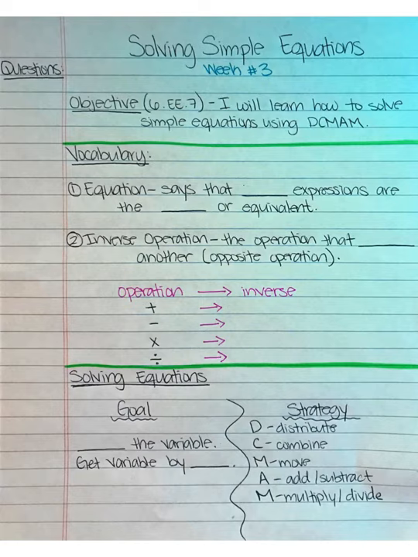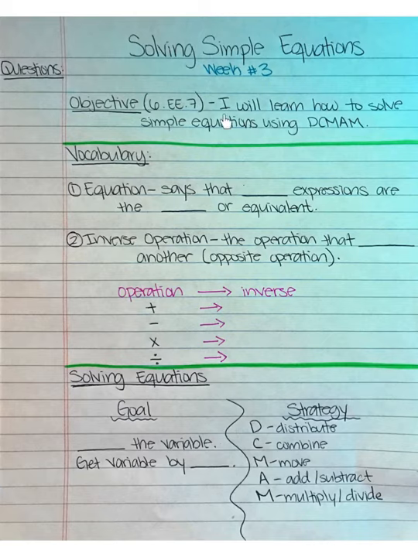So again, like I said, we're working on solving simple equations, and this is week 3. Our objective, what we want to be able to get done by the end of this lesson, is a 6th grade standard, 6.EE.7. We thought it would be not only a good bridge to what we need to be able to do for the 7th grade, but a good bridge into this whole remote learning situation that we find ourselves in.